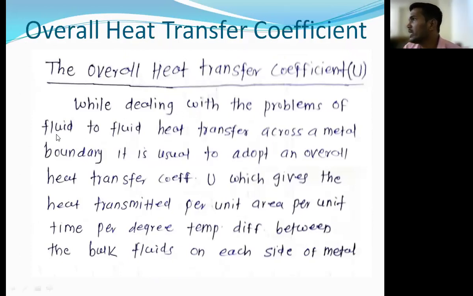Write down: while dealing with the problems of fluid to fluid heat transfer across a metal boundary, it is usual to adopt an overall heat transfer coefficient.